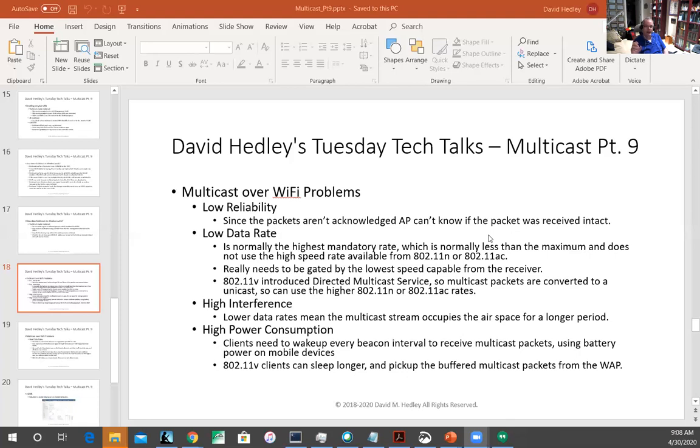The idea is that the client can say, I want this as unicast, and if they're connected via an N or AC rate, then yes, I'm sending more packets, but because I can send them faster. One of the things about higher rates is that we use more subtlety in things like phase shifts to pack more data.